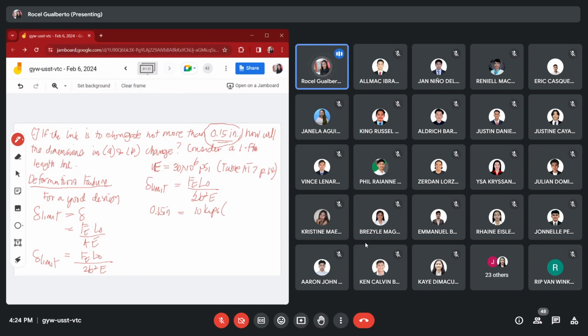Yung 1 foot po, you convert that to inches, so that is 12 inches over 2B squared, and then E is 30 times 10 to the third.